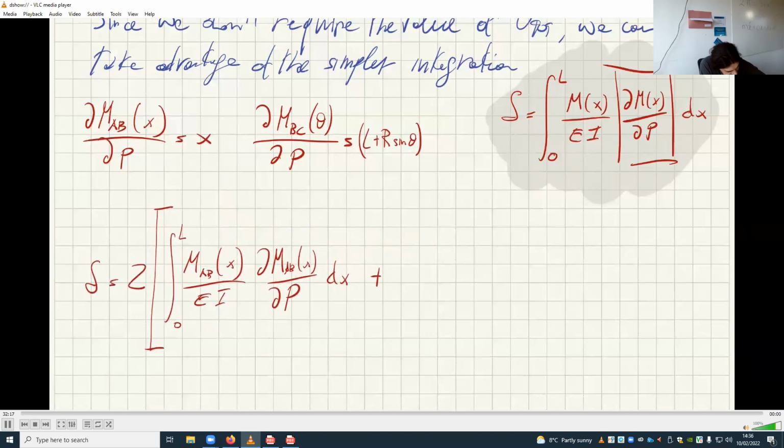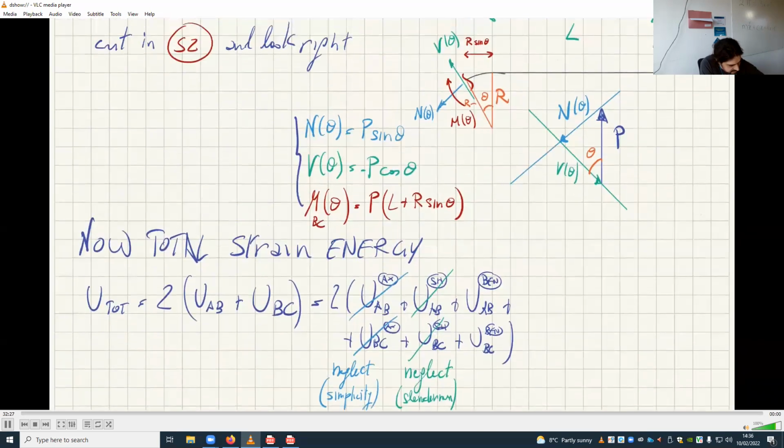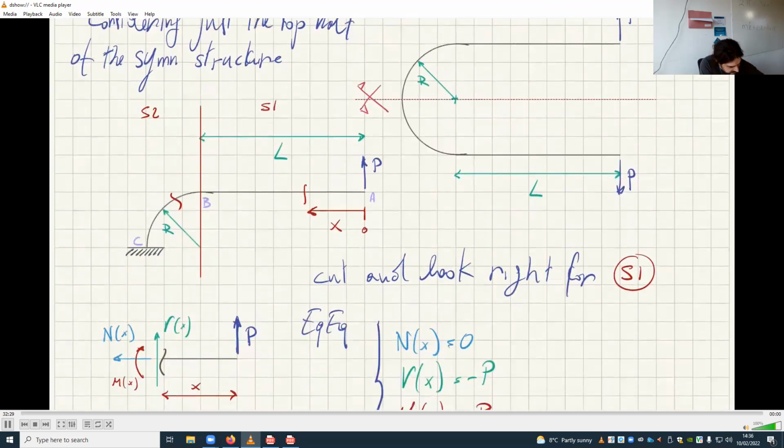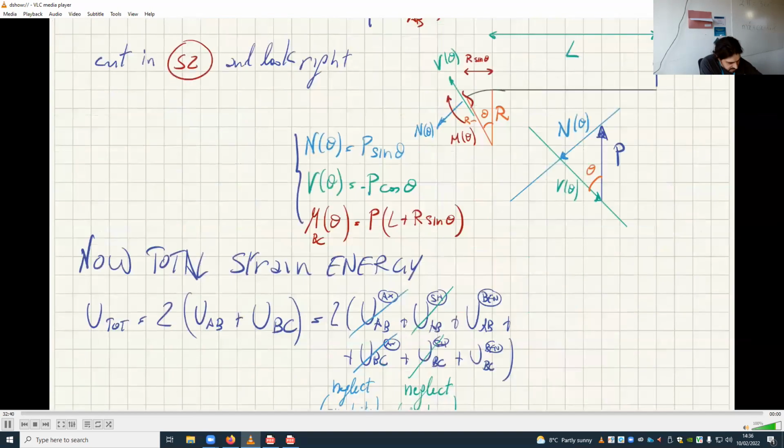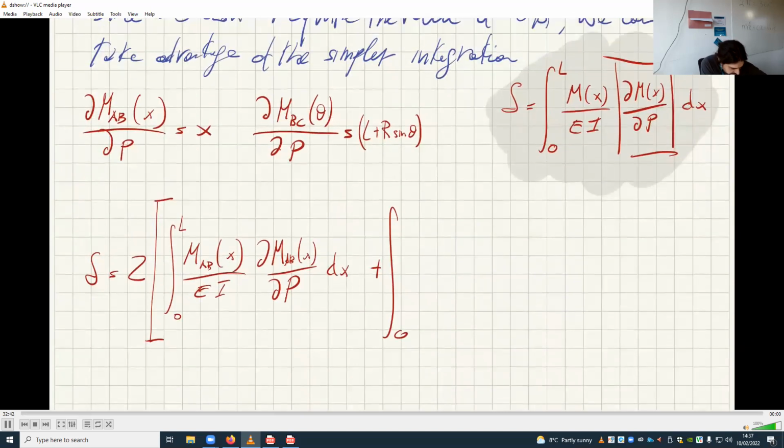Plus the integral. Now this was an integral in x; this is an integral in theta. You should remember that theta equals 0 is the vertical line, this line here, and we have to end here. So what's the angle? 90 degrees, or even better, pi divided by 2.